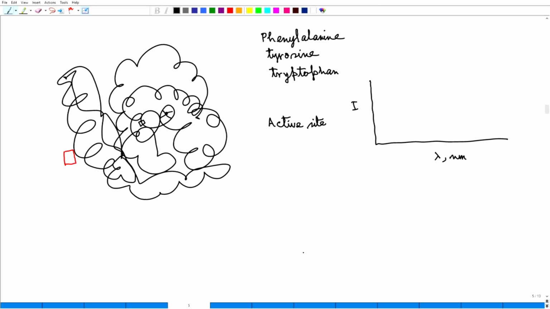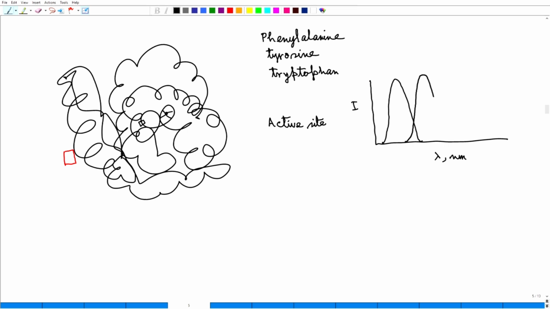Okay. Now, this is excitation of this. You can excite it in a particular excitation spectra, okay, and then it will emit. If you excite it, it will emit.